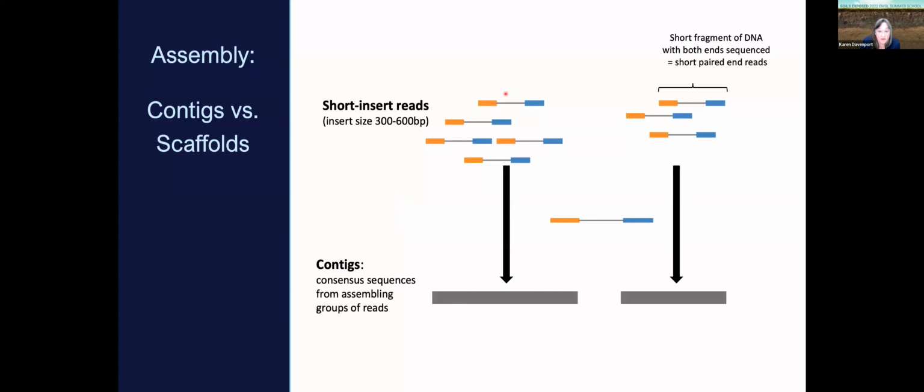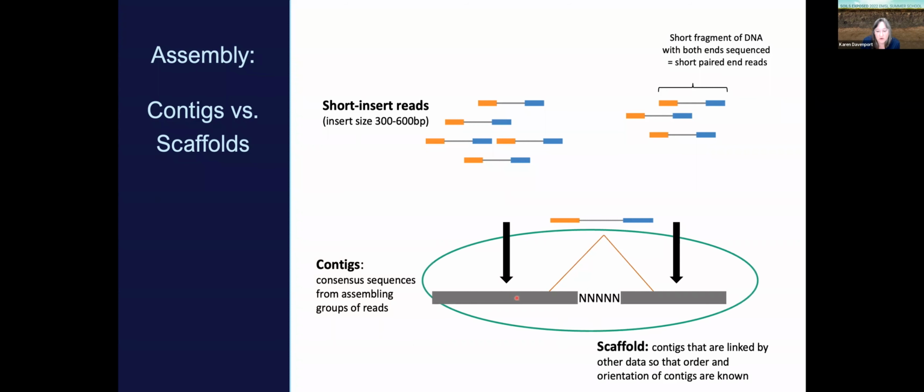When you put all these pieces together, you can get a contig that is a consensus sequence from a group of reads. A scaffold, however, is when you have two or more contigs put together, and you know the order and the orientation of those contigs, but in the middle there's a gap where you don't know what that sequence is. You might even know how many bases go there, but you don't know the exact sequence.